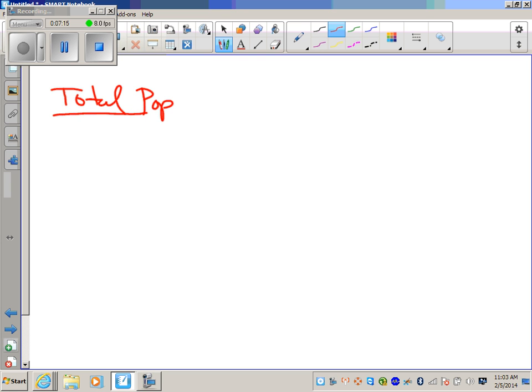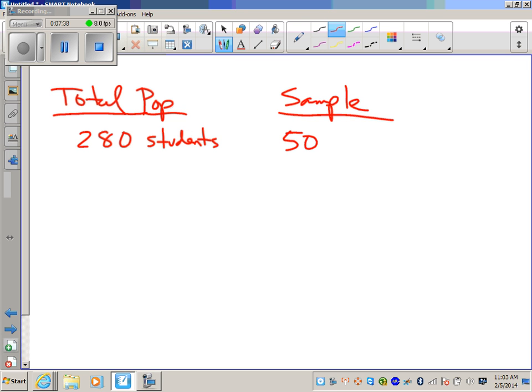Total population is 280 students, okay? 280 students in the school. The school is probably about twice as big as ours. The sample was 50 sixth graders.